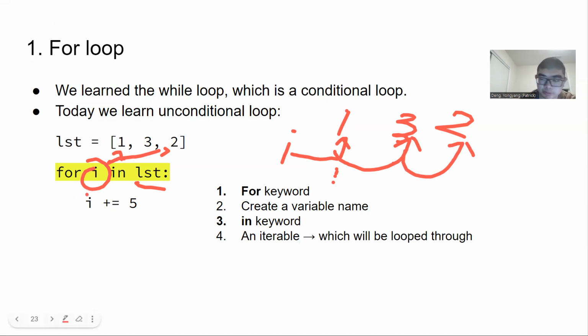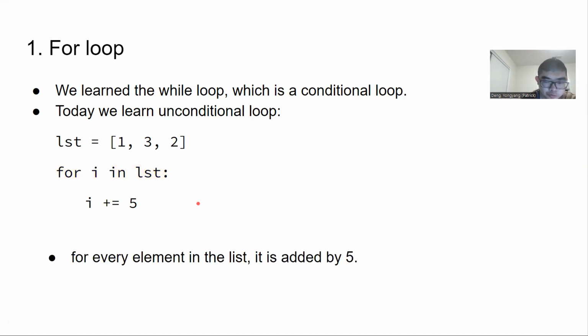So i represents every element in the list, and it will check, evaluate and do some operations on every element from left to right, one by one. This is how the for loop works, and we have a colon behind.